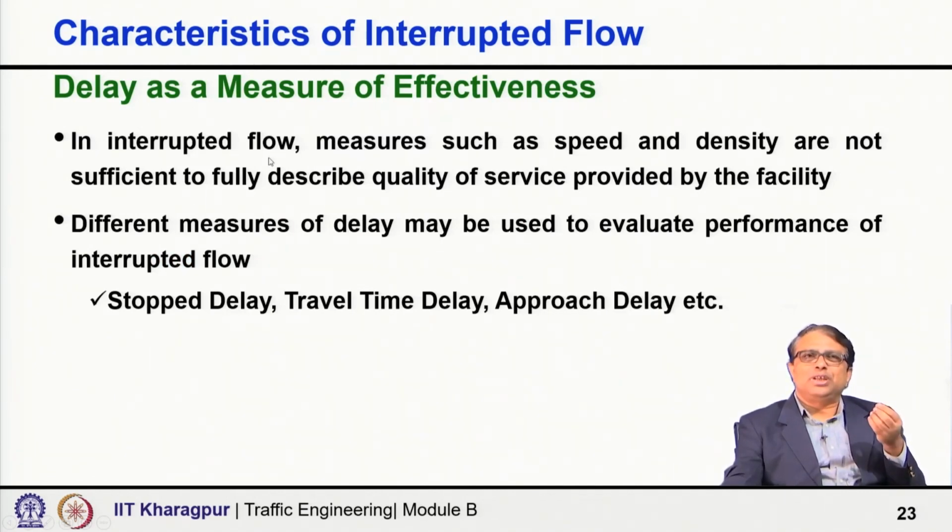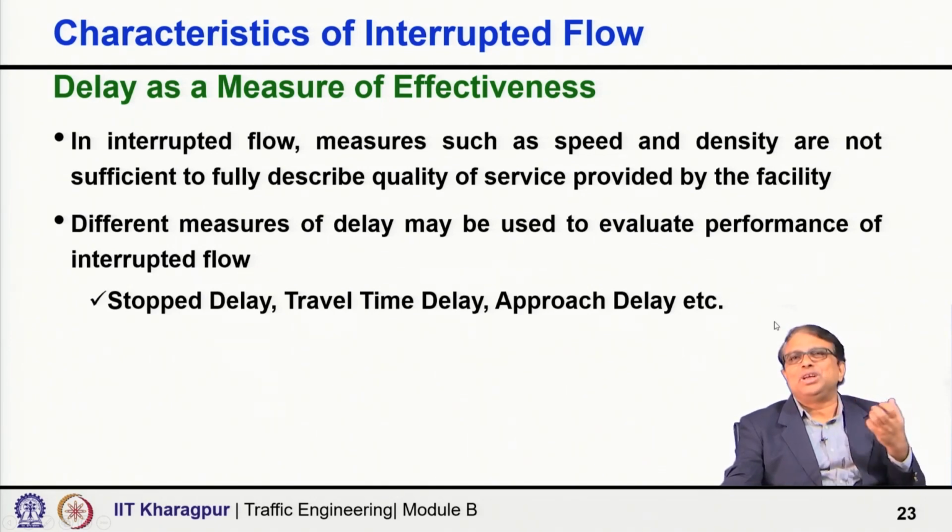In uninterrupted facilities, we often use speed and density as the measures to describe the traffic stream. But in interrupted flow, measures such as speed and density are not sufficient to fully describe the quality of service provided by the facility. So, what do we use? We use different measures of delay for evaluating the performance of interrupted flow: stop delay, travel time delay, approach delay, control delay.